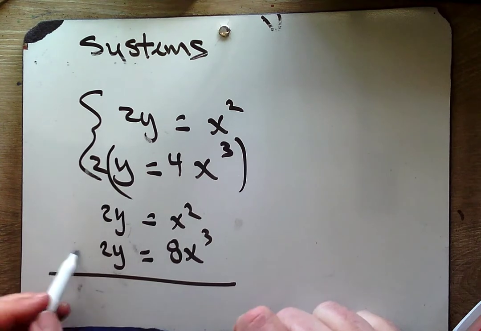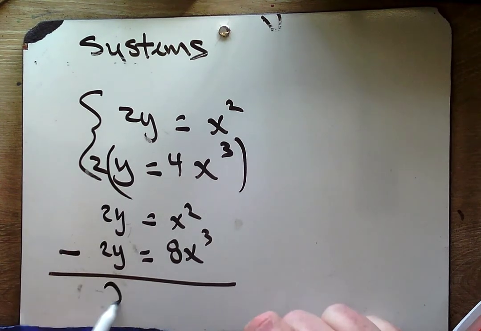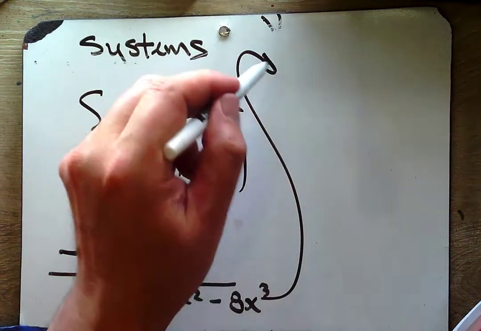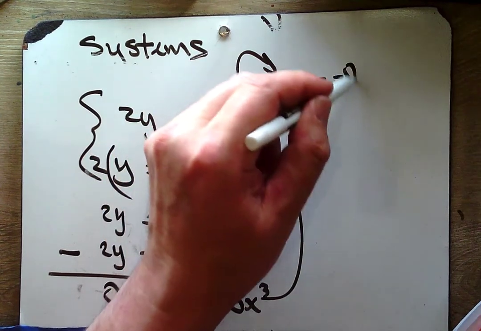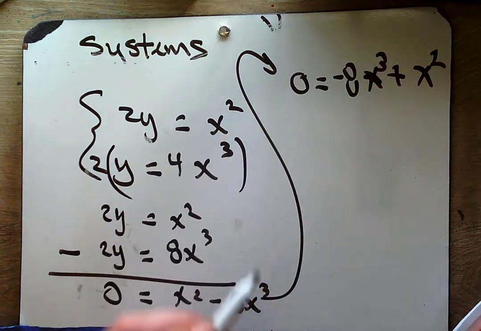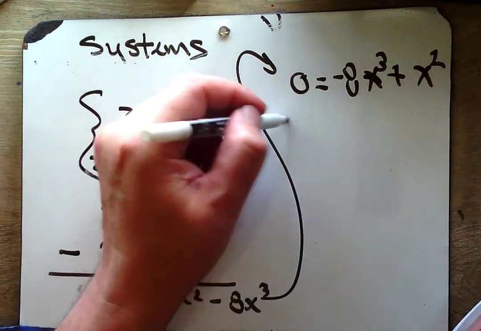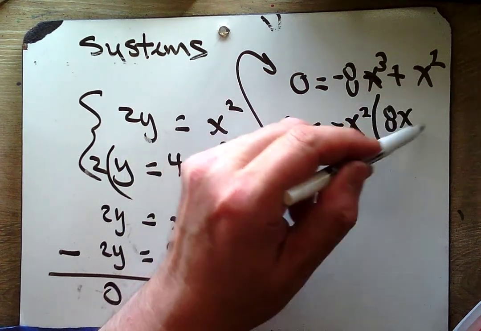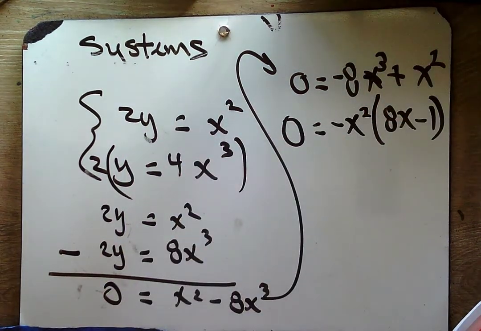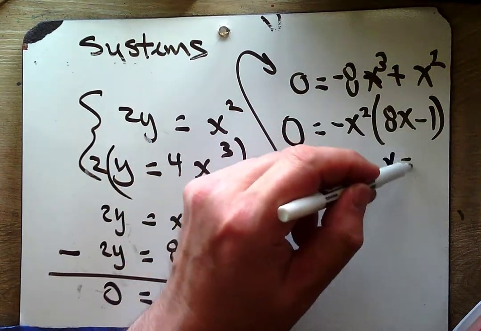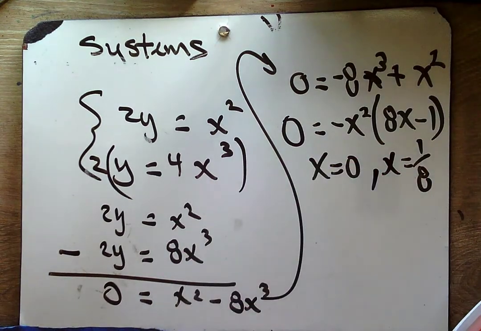Since the coefficients are the same, I need to subtract, and that gives me 0 equals x squared minus 8x to the third. Some people, of course, like writing that as negative 8x to the third plus x squared. But mostly, I want to get to the factoring part, where I factor out an x squared, leaving me 1 minus 8x, and so I get x equals 0, and x equals 1/8.